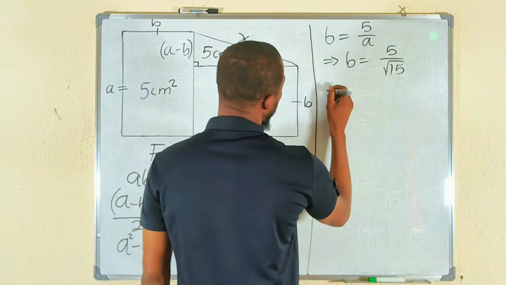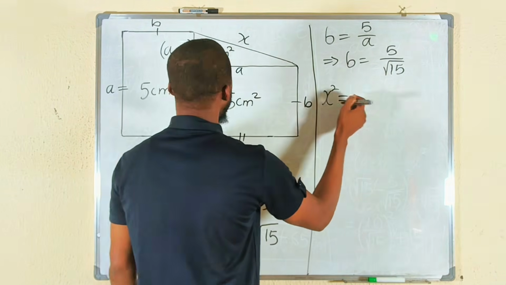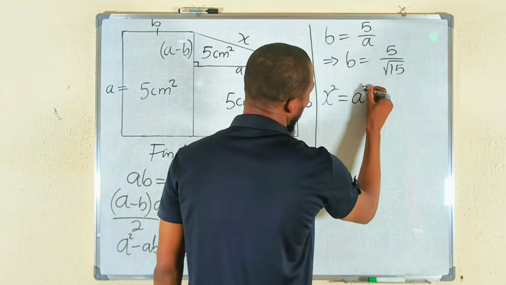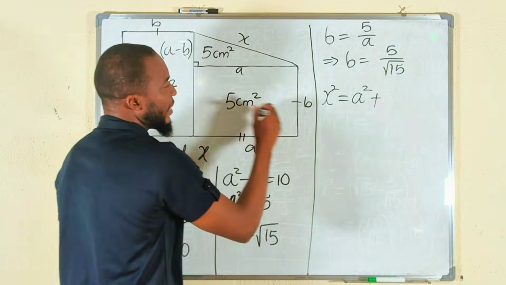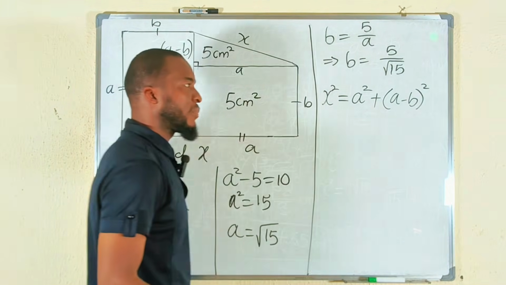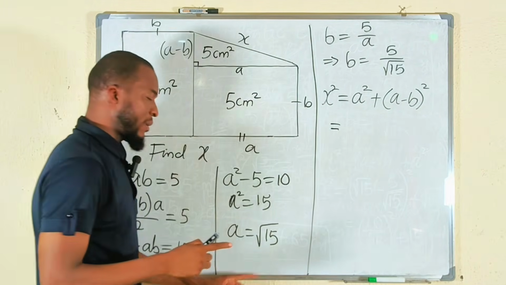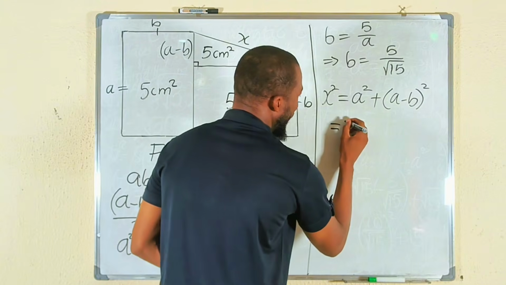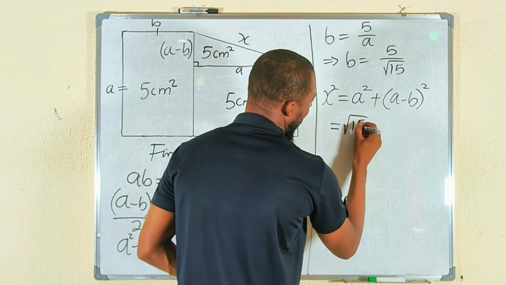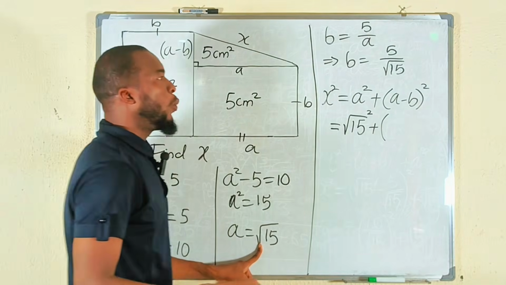We have learned that according to Pythagoras, x squared, which is the hypotenuse squared, is equal to A squared plus this other side squared, that is A minus B squared. So let's substitute. This is equal to A squared, which is the square root of 15 squared, plus, what is A?